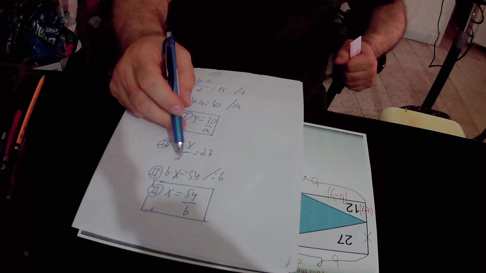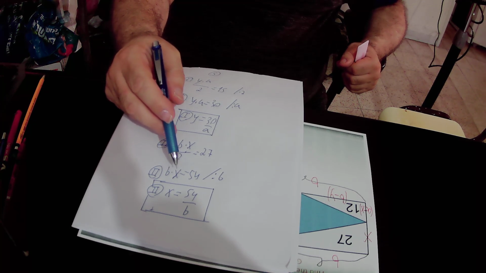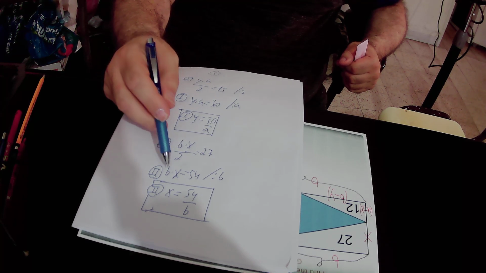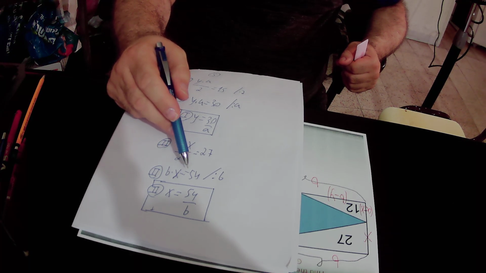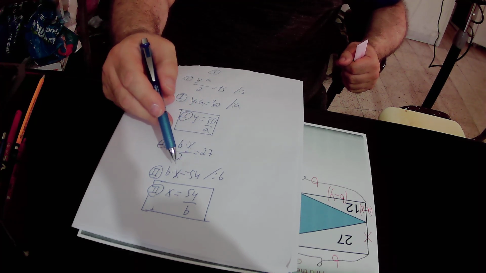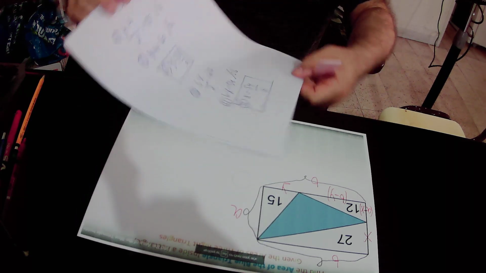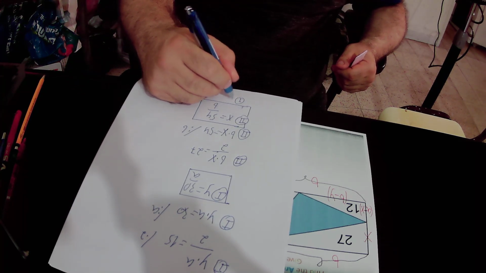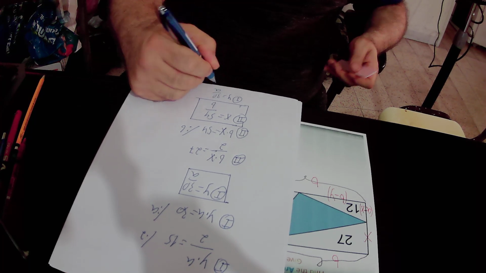Okay, after we divide both sides of the equation by b, we got that x equals 54 over b. b times x divided by b is x, and 54 divided by b is 54 over b, so x equals 54 over b, and we already know that y equals 30 over a.